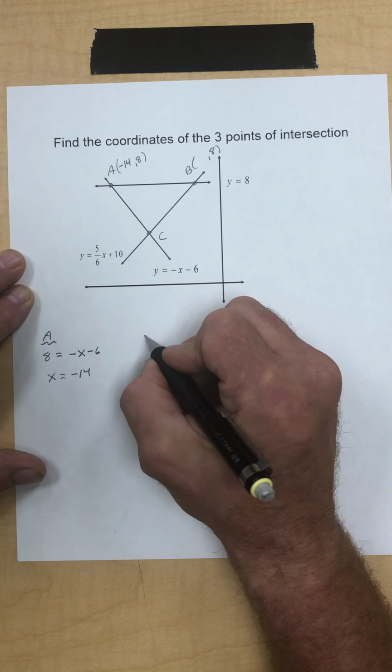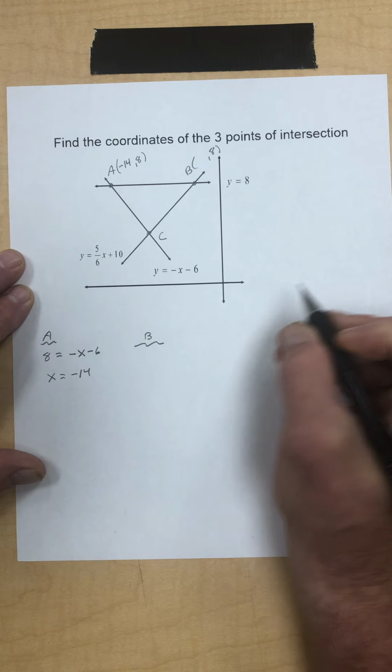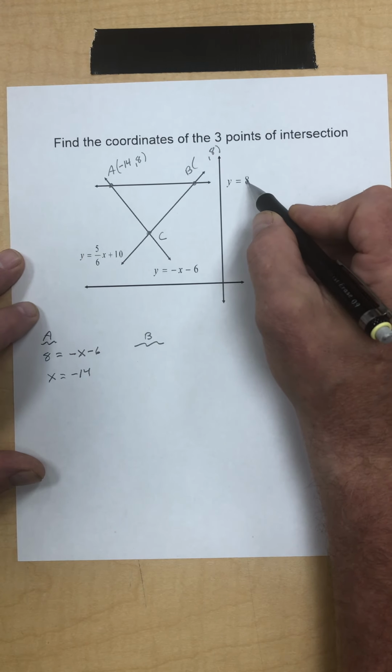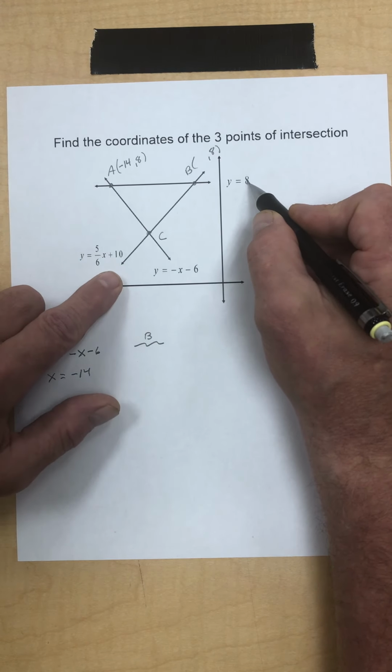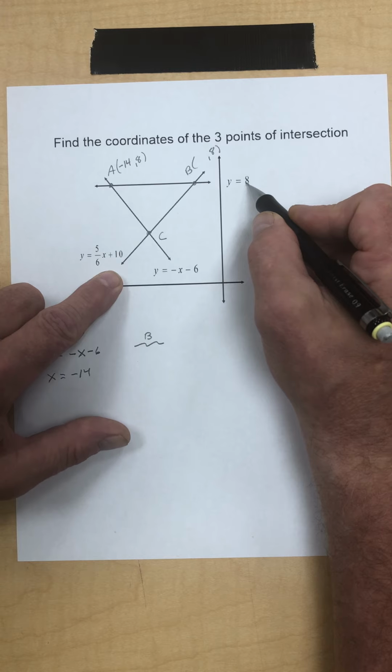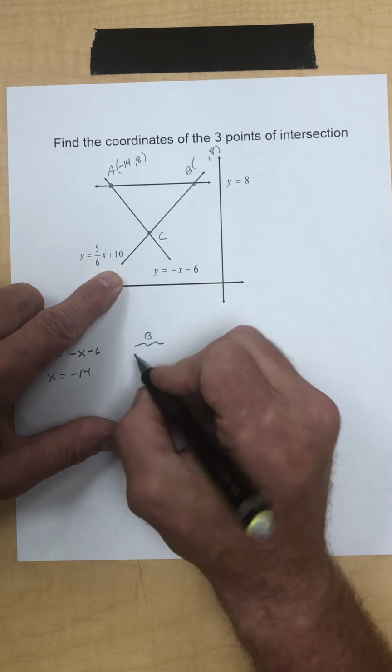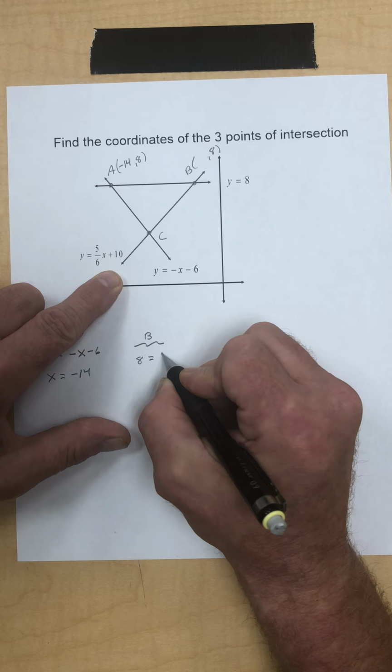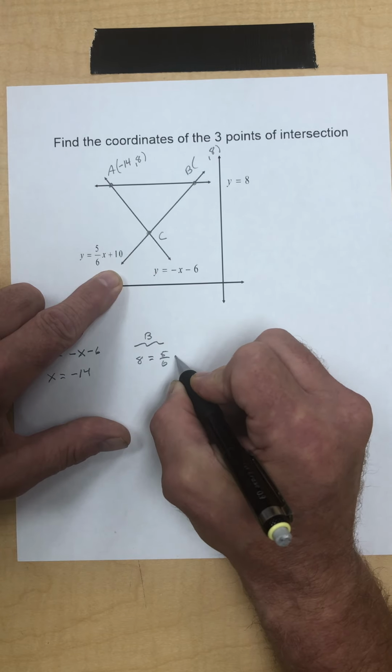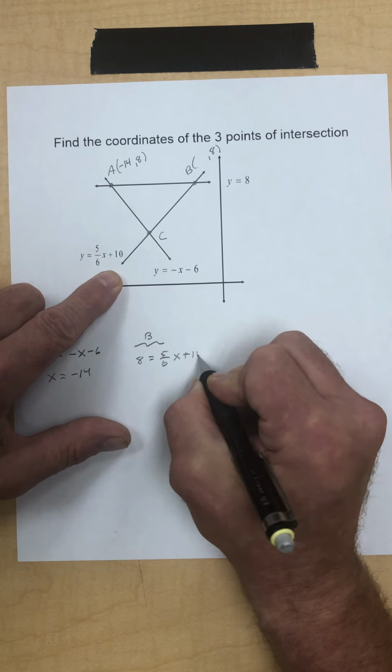Okay, so let's do B next. I get this line y equals 8 and this line 5/6 x plus 10. I set them equal to each other, so I get 8 equals 5/6 x plus 10.